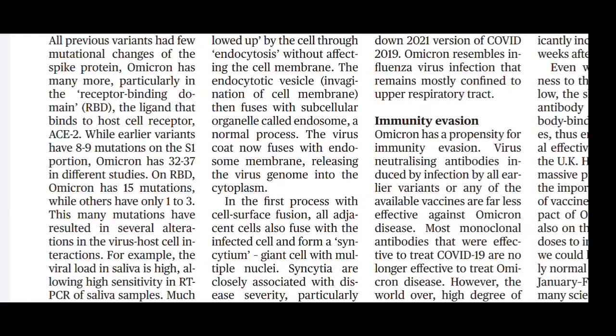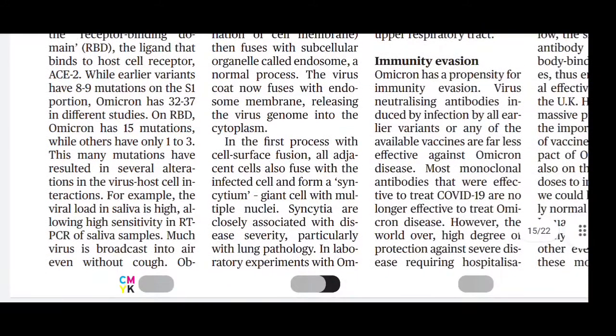Omicron has 32 to 37 in different studies. On RBD, Omicron has 15 mutations, while others have only 1 to 3.